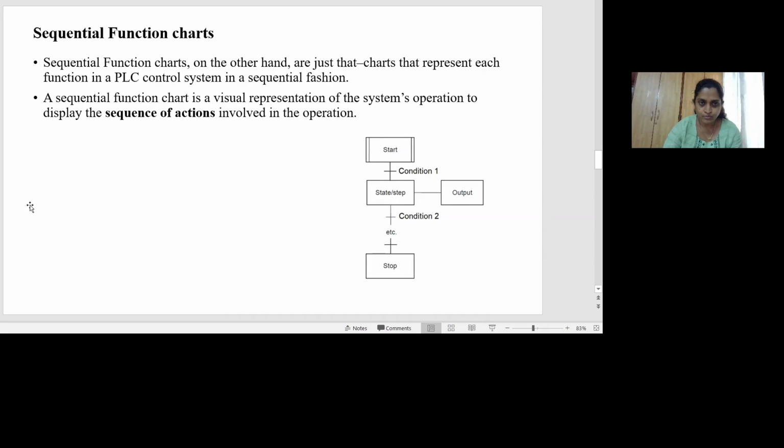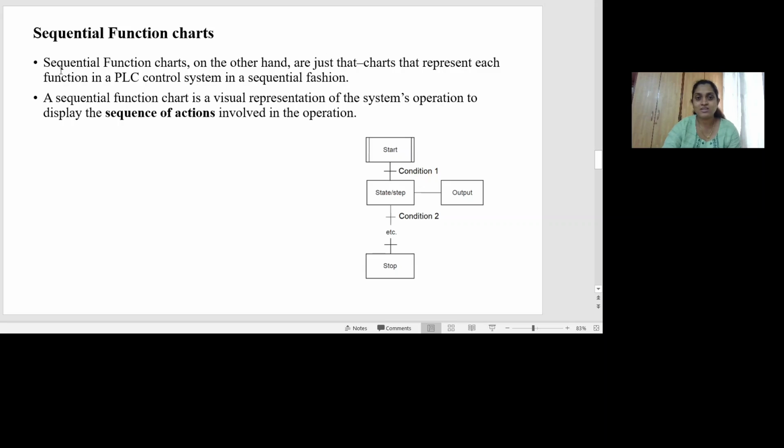The fourth standard which we use for PLC programming is called sequential function charts, and this resembles the flowchart method of programming. Here steps and transitions are used. Transitions are the instructions used to move from one step to another step.